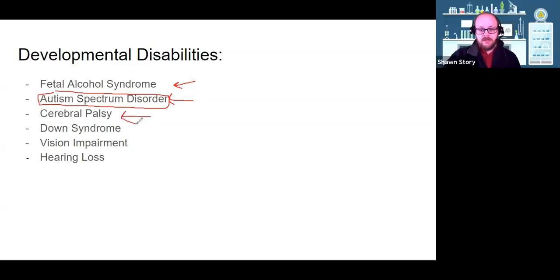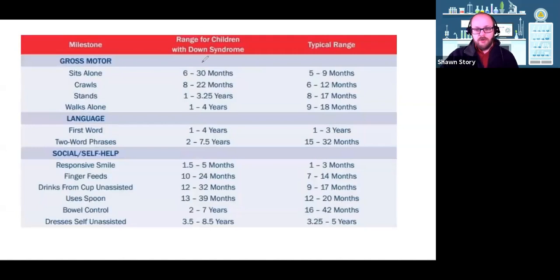Cerebral palsy, that one is definitely a lot more about the motor skills, right? We're really looking at what motor skills are developing and is there some type of developmental disability. With Down syndrome, that's a genetic disorder, but the same thing. I have a chart here where it shows these skills develop a lot slower with someone with Down syndrome, right?